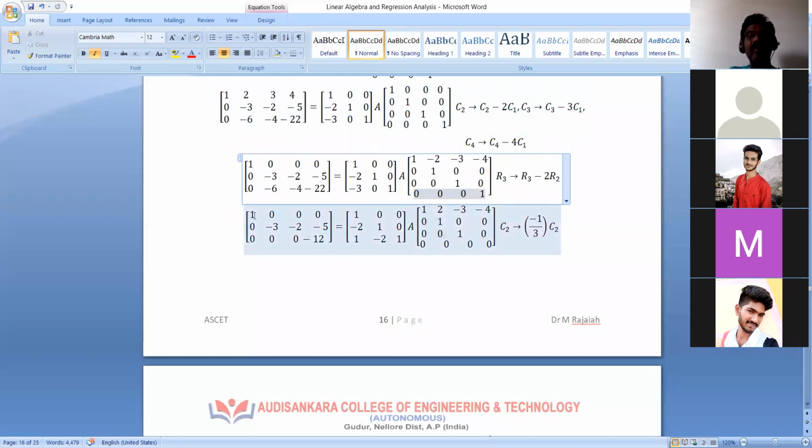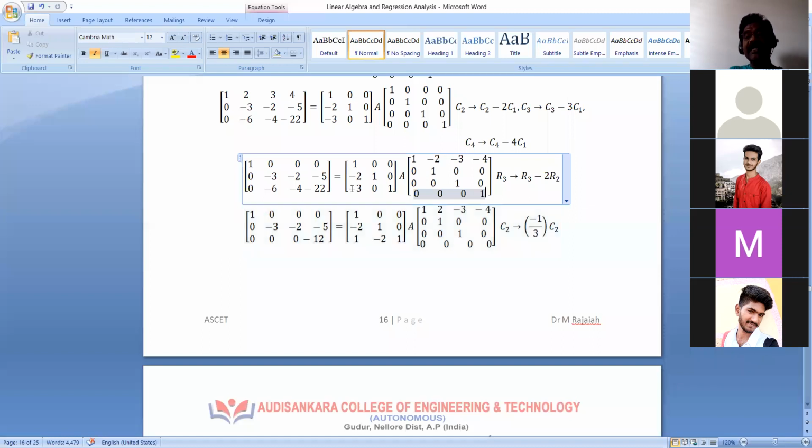So that are 1 0 0, 0 minus 3 minus 2 minus 5, 0 0 0 minus 12. So minus 22, minus 5 into minus 2 is plus 10, minus 22 plus 10 is minus 12, that is equal to 1 0 0, minus 2 1 0.